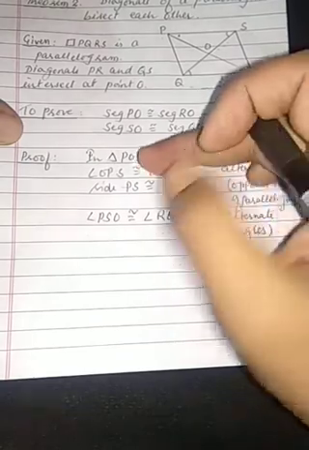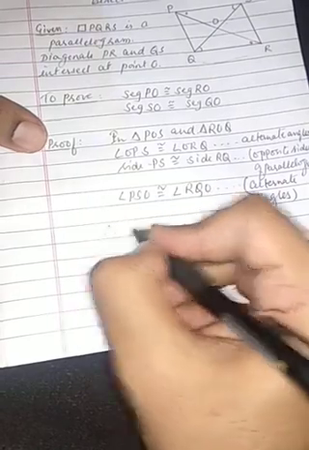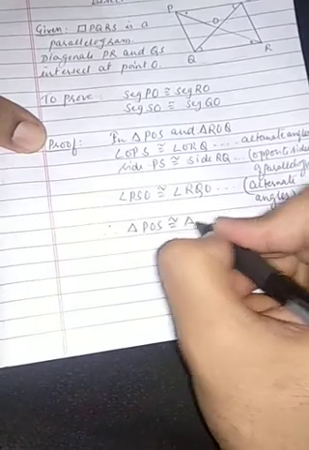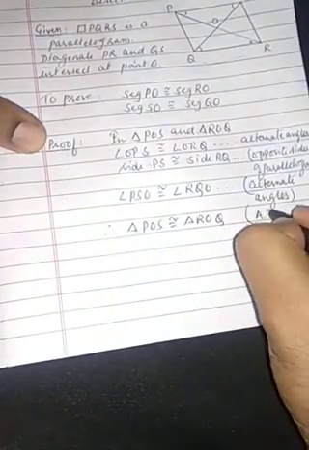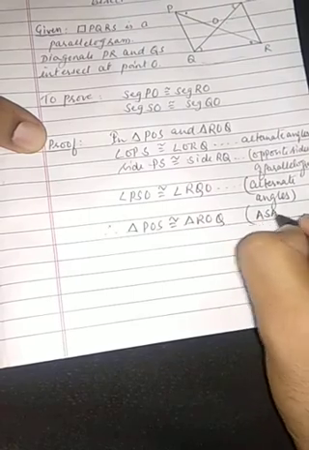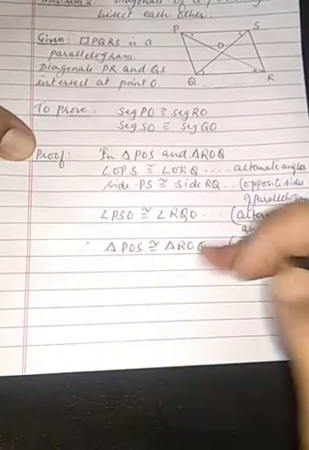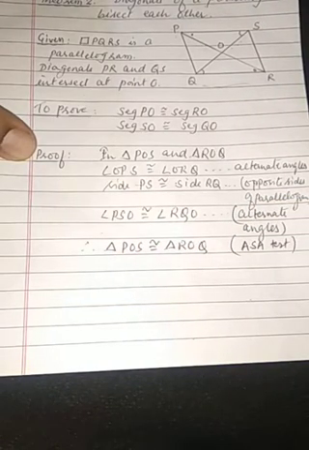If two angles and the included side are congruent, as in the previous theorem, you can write therefore triangle POS is congruent to triangle ROQ. Two angles and included side means ASA, the angle side angle test. So now you have triangles congruent. If triangles are congruent, their corresponding sides are also congruent.